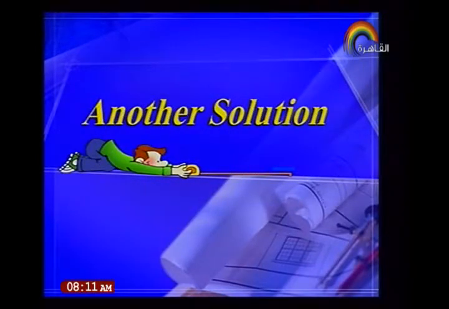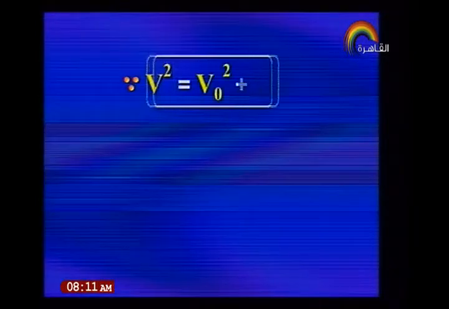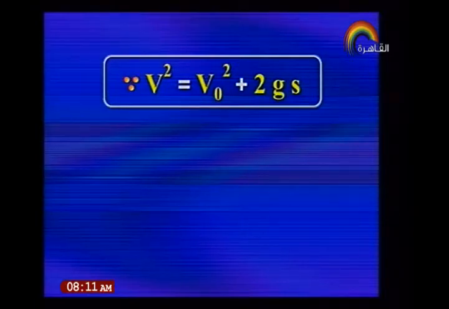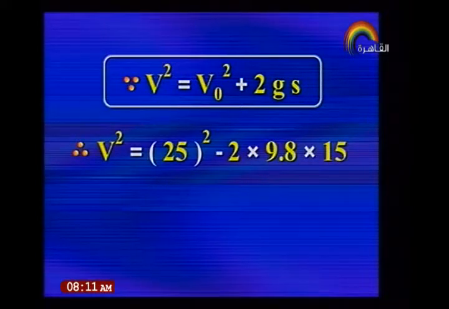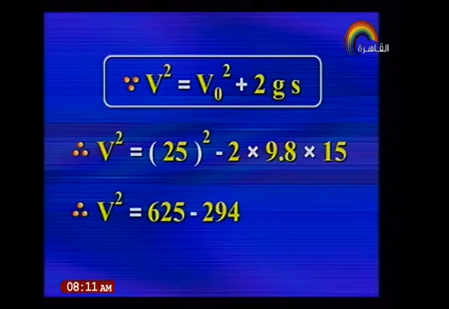Dear student, we know by another solution that v squared equals v naught squared plus 2gs. By using substitution, v naught equals 25, g is 9.8, s the distance equals 15. v squared equals what? 625 minus 294 equals 331.